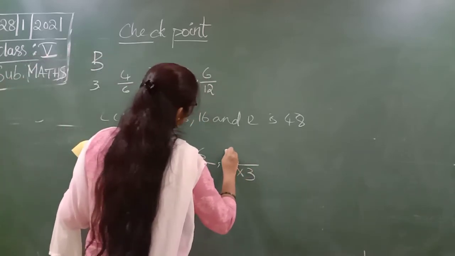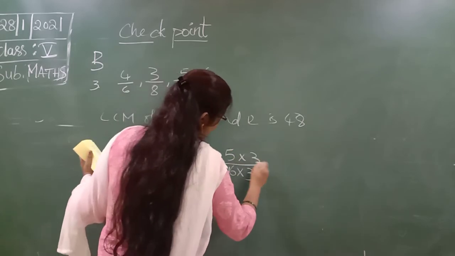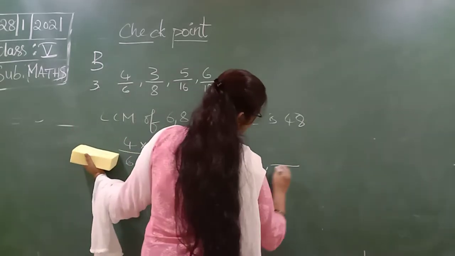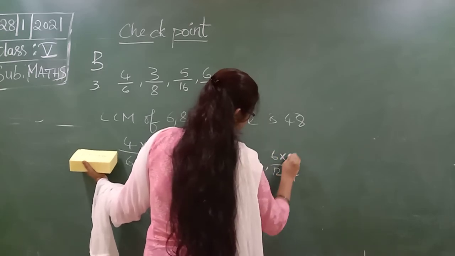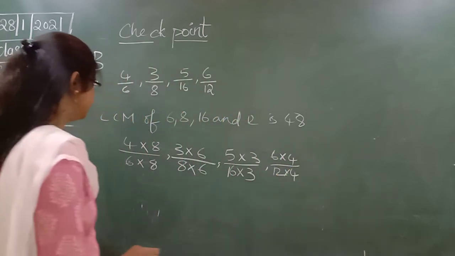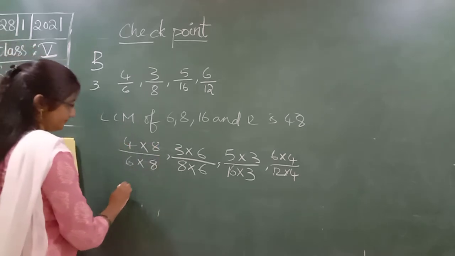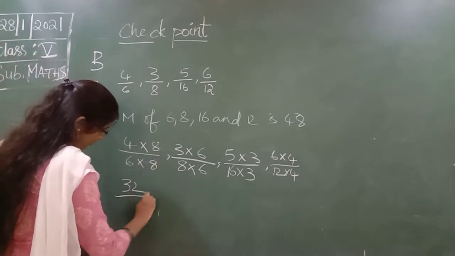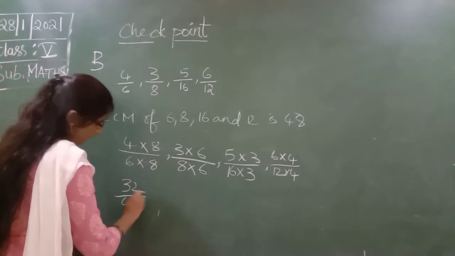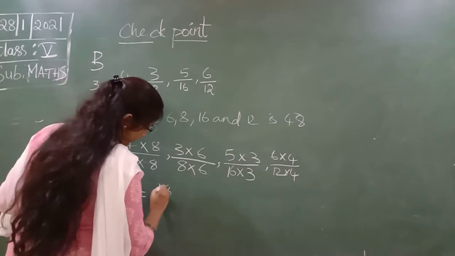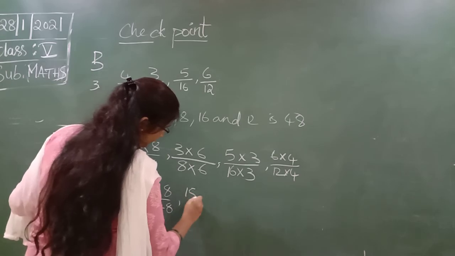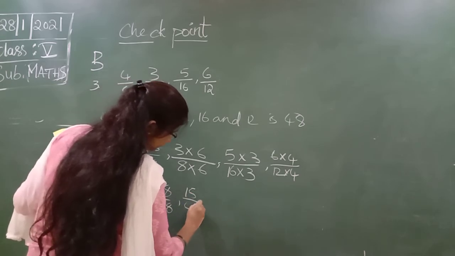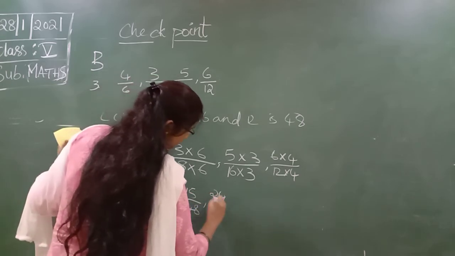In the 12 table, it is 12 4s. What will the values be? 4 into 8 is 32, so 32 by 48. Then 18 by 48, 15 by 48, and 24 by 48.